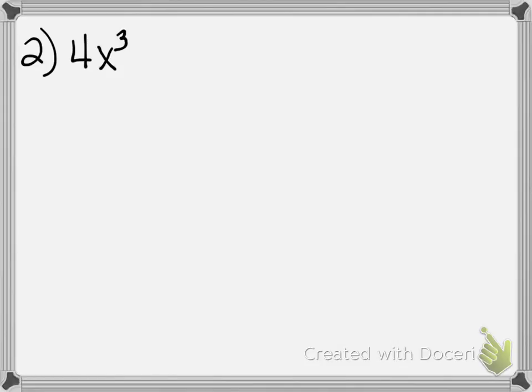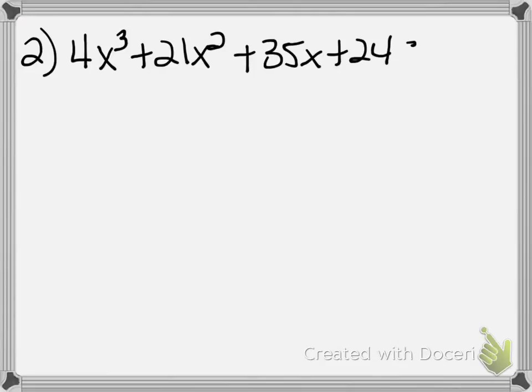So I have 4x cubed plus 21x squared plus 35x plus 24. And the binomial that we're looking at is x plus 3. So we want to find out if x plus 3 is a factor of 4x cubed plus 21x squared plus 35x plus 24. So let's go ahead with our division.